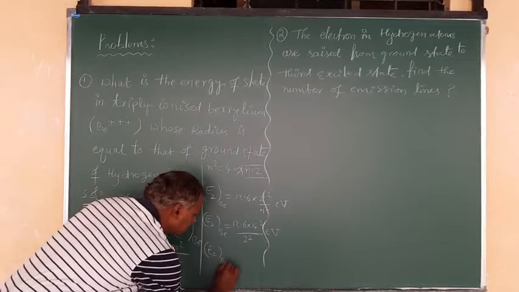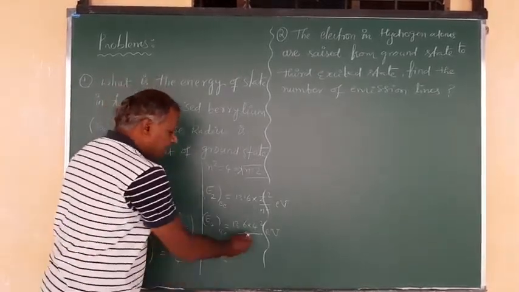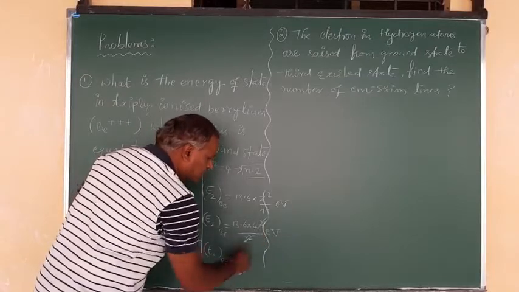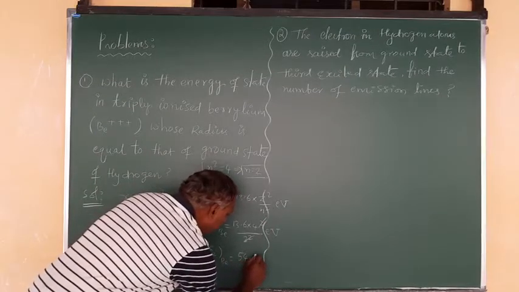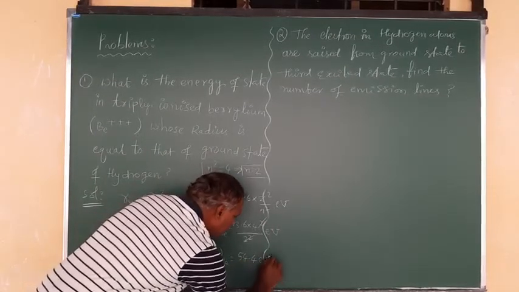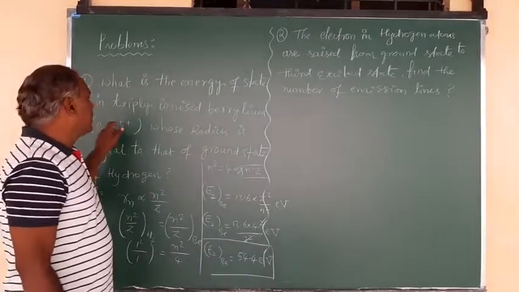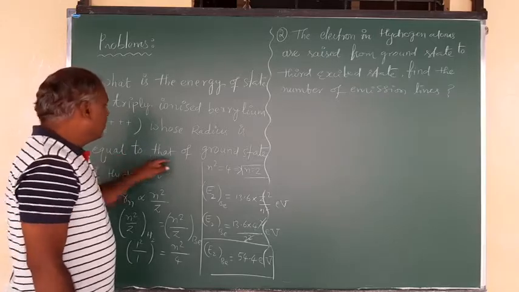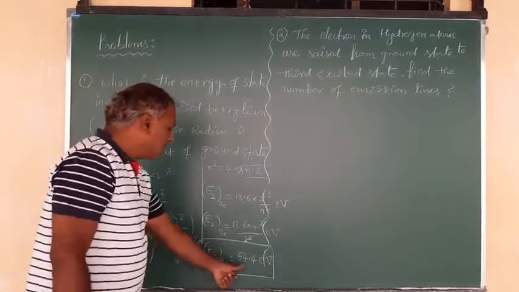One of the 4 is cancelled, so this becomes 54.4 electron volts. So this is the energy of triply ionized beryllium whose radius is equal to that of the ground state hydrogen atom, right? How much energy is it?